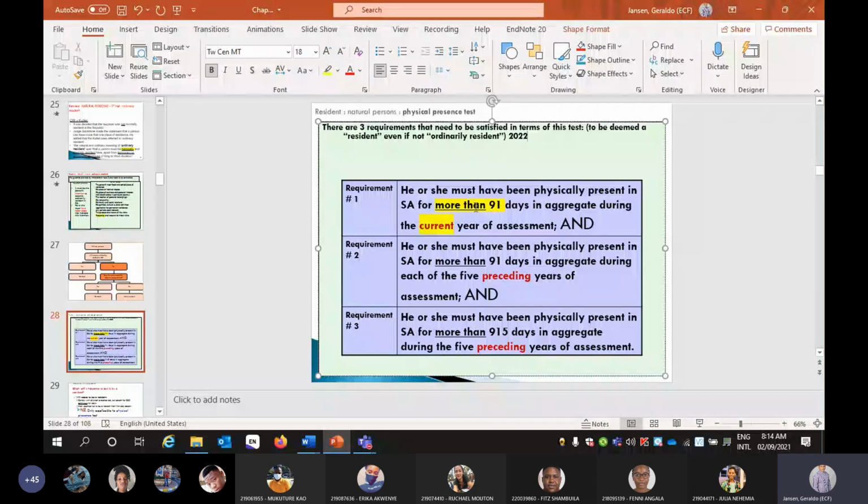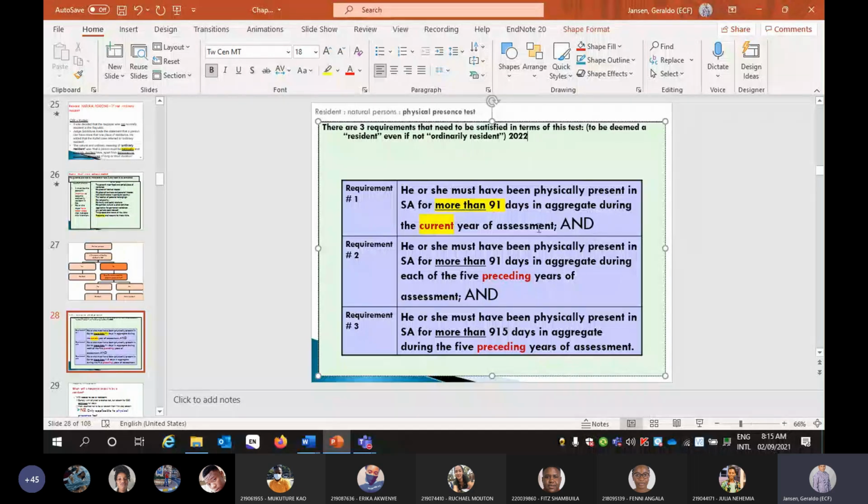Now guys, very important: even if the requirement is not met, you must still go to 2 and 3. You will then have to conclude that, based on the above, requirement 1 was not met, because sometimes requirement 1 might not be met, but requirement 2 is still met and 3 is still met.